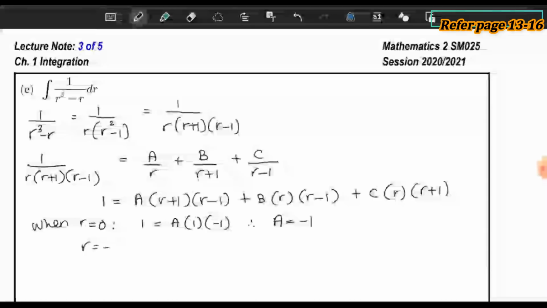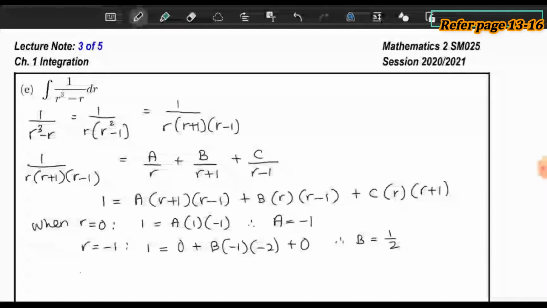Next, when r equals negative 1, the a part becomes 0. So we have 0 plus b times negative 1 times negative 2, and the c part is also 0. Therefore, b is half.